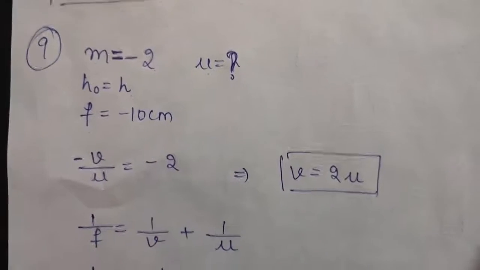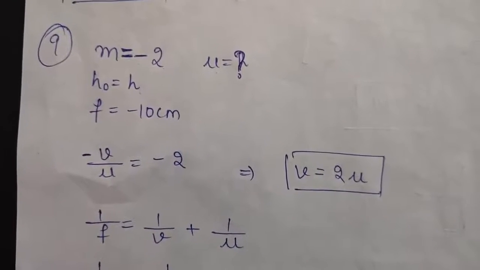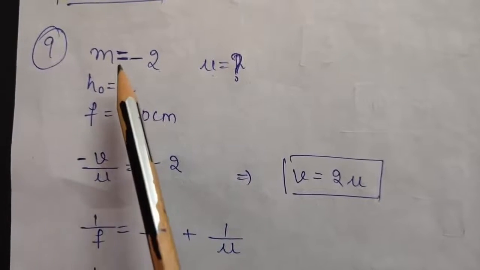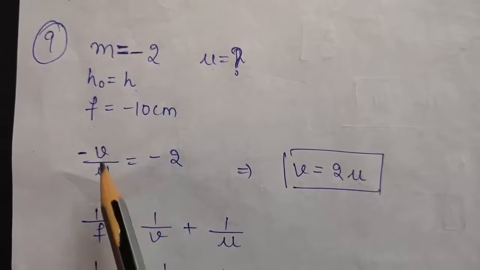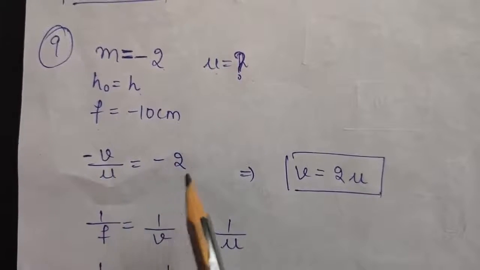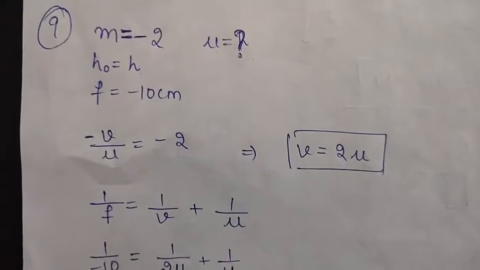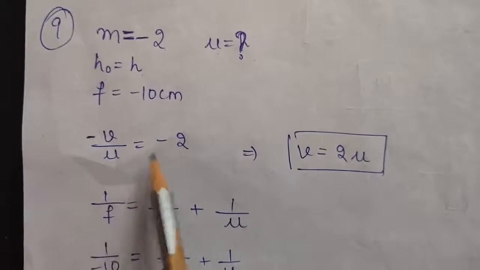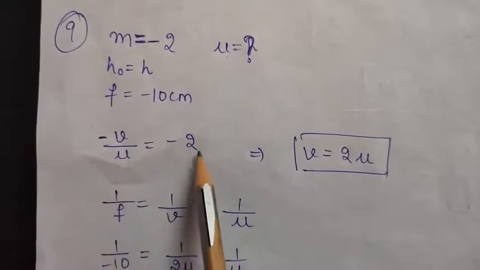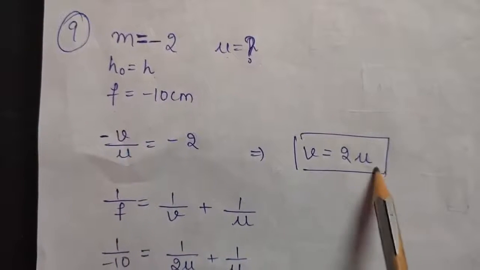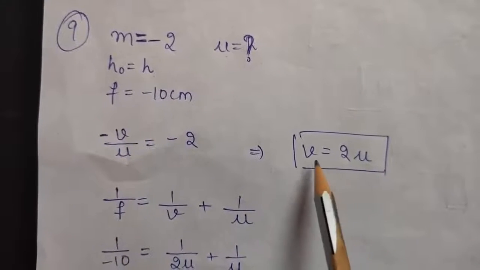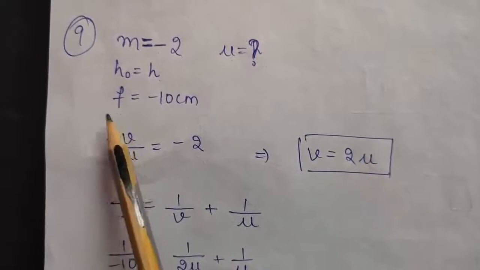So first of all, using the formula of magnification, that is m, as you know in case of mirrors, it is -v/u. So -v/u is given to be -2. From here, if you calculate v in terms of u, that will come to be 2u. Now you know v in terms of u, you know focal length.